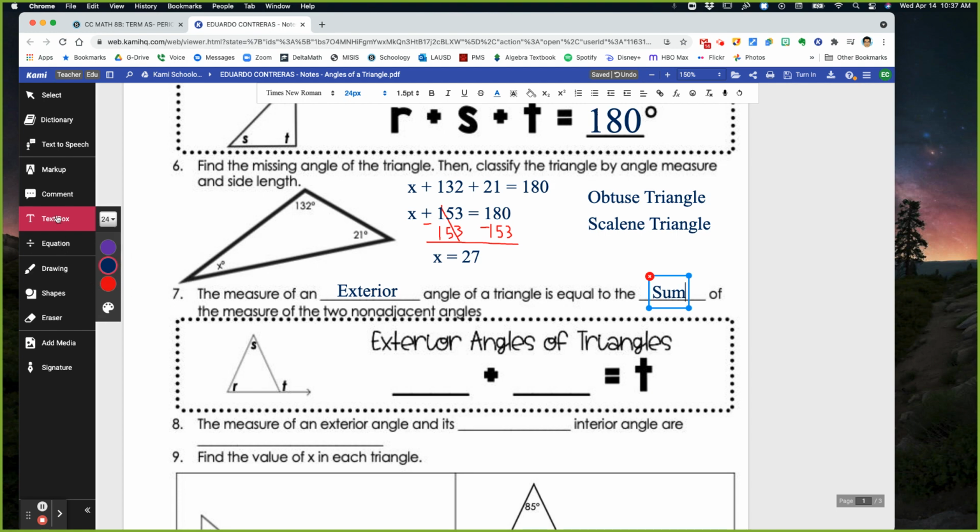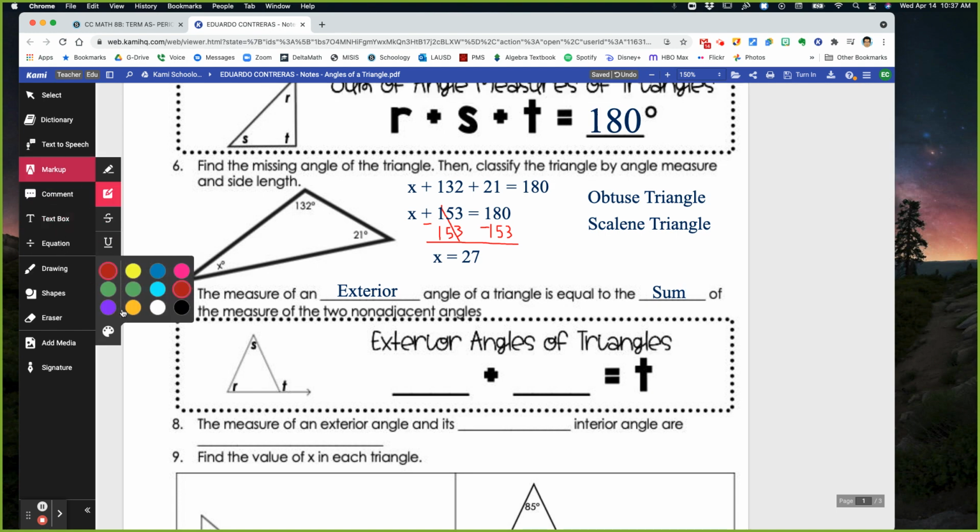So I'm going to use the markup tool, and I'm going to highlight two non-adjacent angles. And what those are, these two, R and S. Okay?